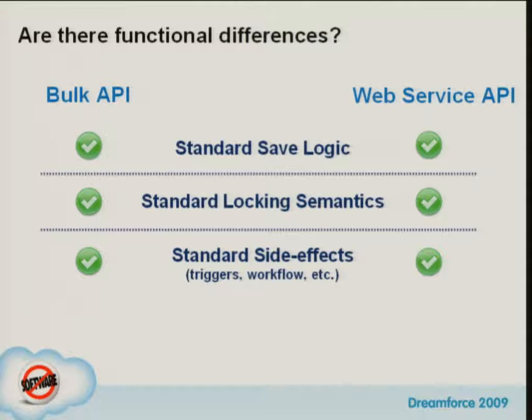Rather than having this very tight loop that's sending data and waiting immediately for those inserts, it's changing it. But it's important to remember that it is not changing a whole lot of things as well. So it is not somehow creating a new set of save logic. The same triggers or workflows that would happen during a standard API, standard web service API call happen.